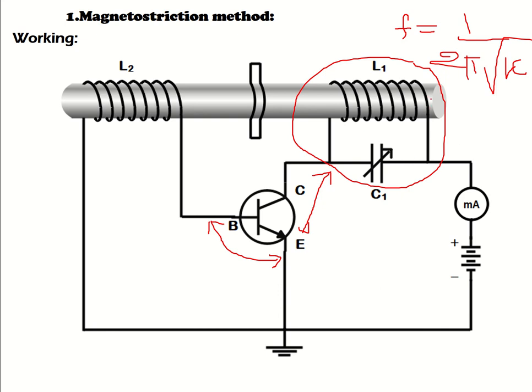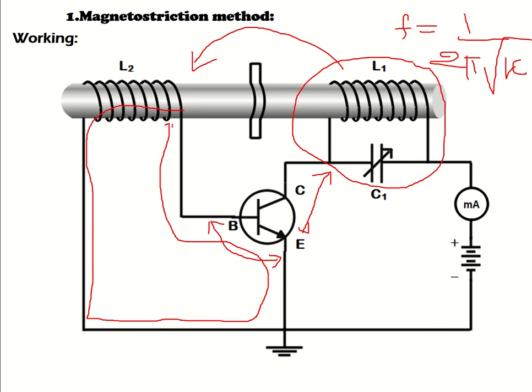So inside the L1 coil again a high amplitude signal will pass, which will induce more induction into the L2 coil. So now inside this L2 circuit, an amplified signal will travel, which will again get amplified due to this amplifier.